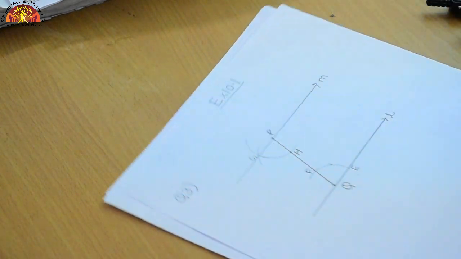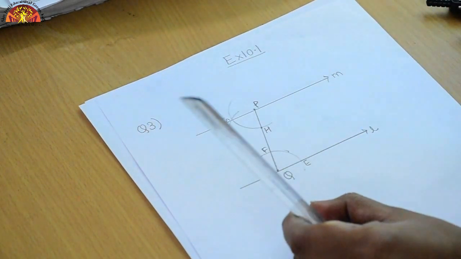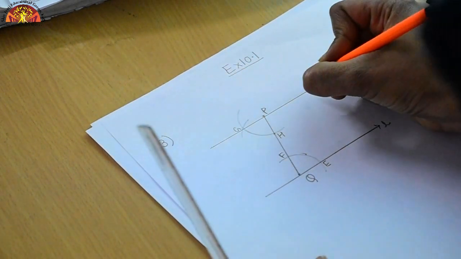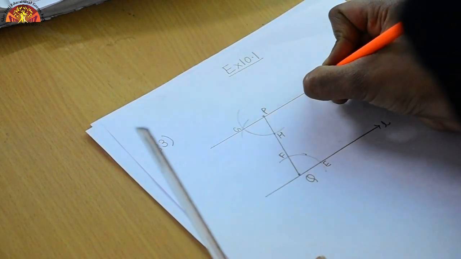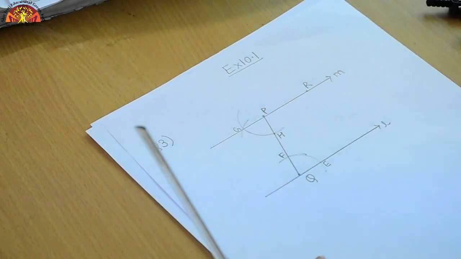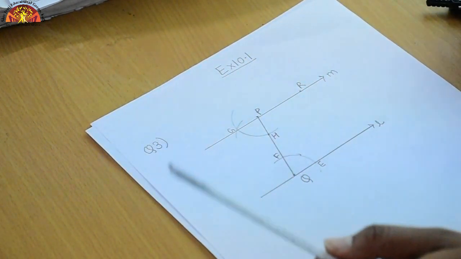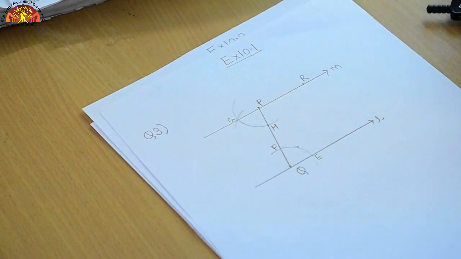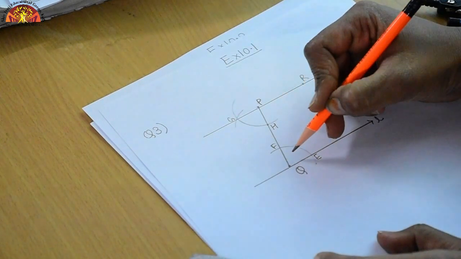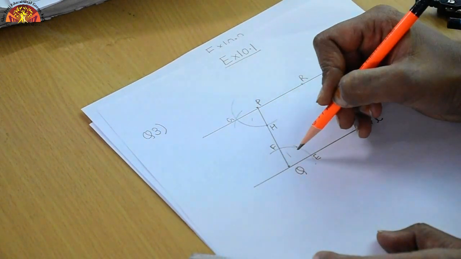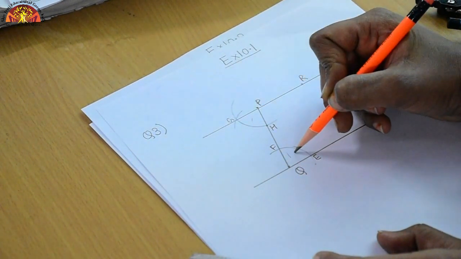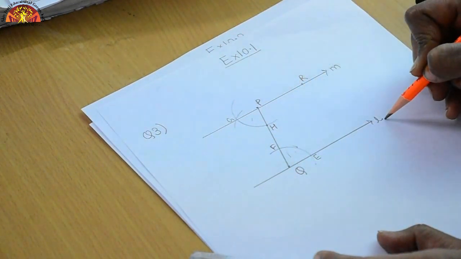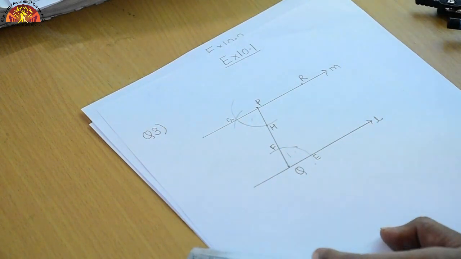Now the next step, similarly, take a point R on line M. Now we'll take any point R on line M. Then you have to draw angle P equal to angle R. You can see that angle P is equal to angle Q because these are alternate interior angles, and when the alternate interior angles are equal, we can say that line L is parallel to M. Now what you have to draw?